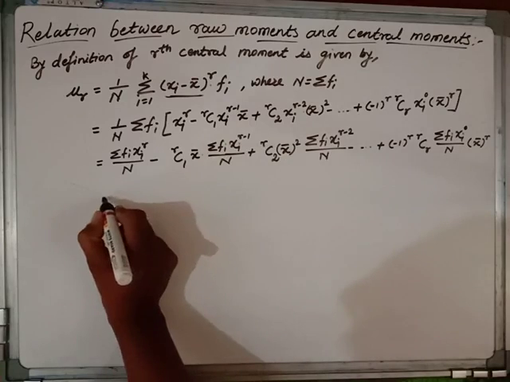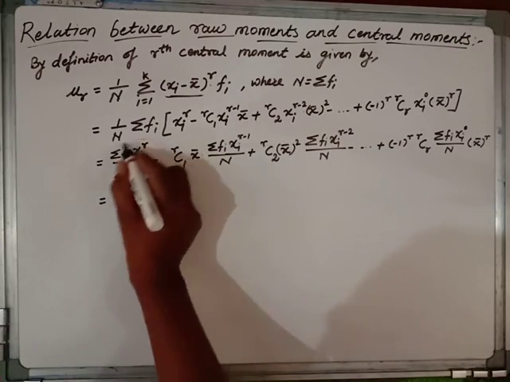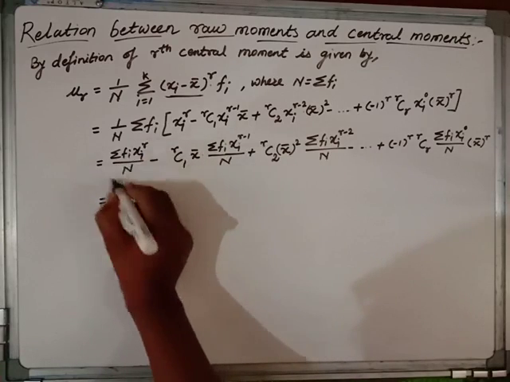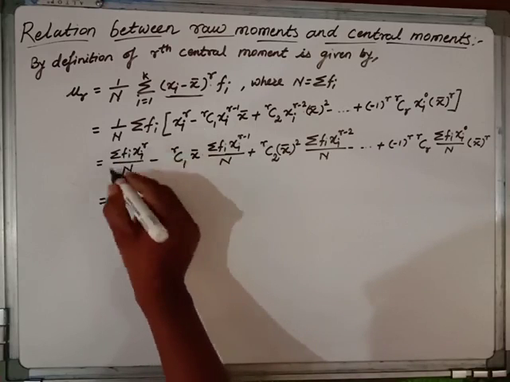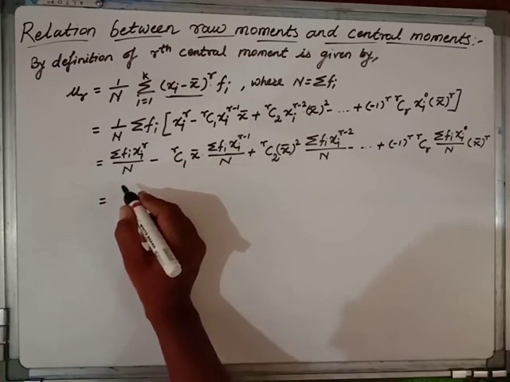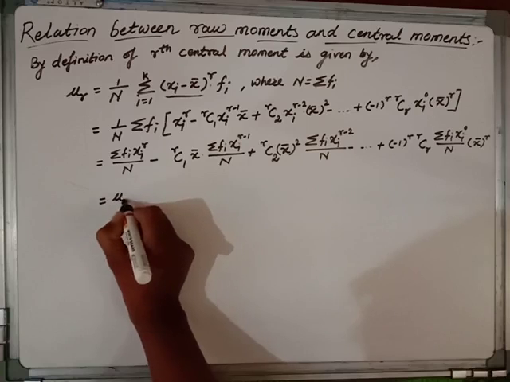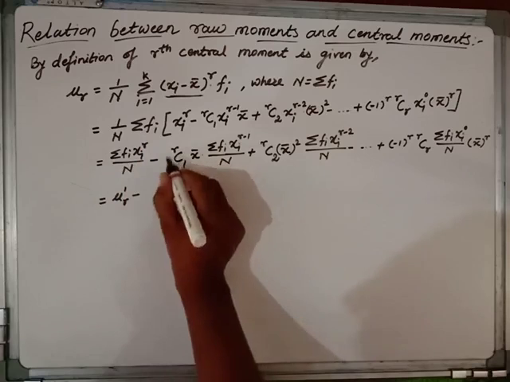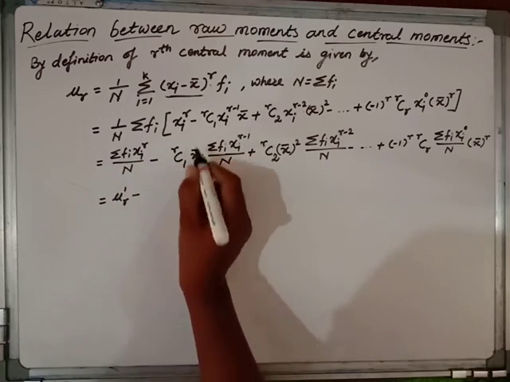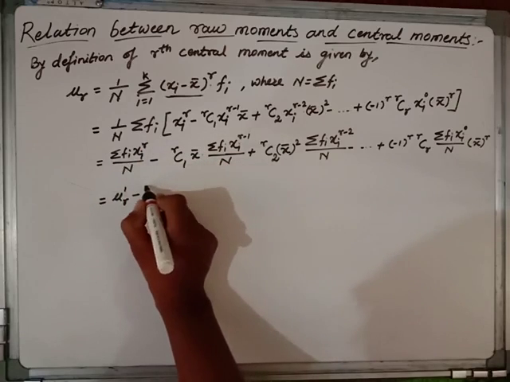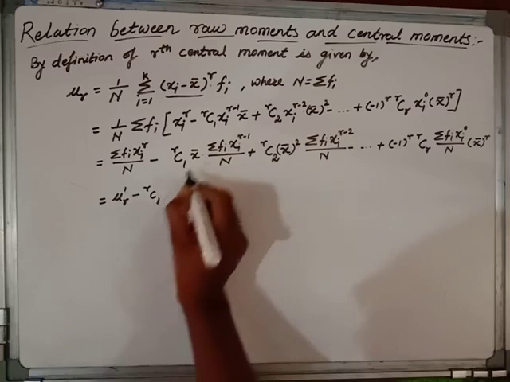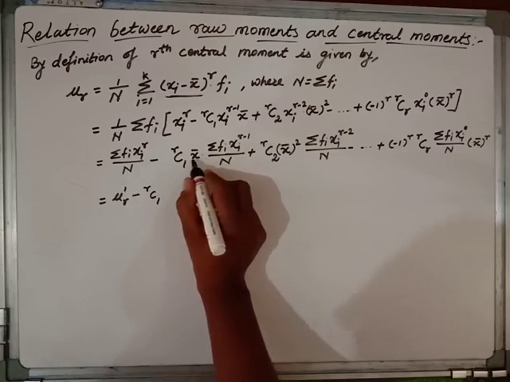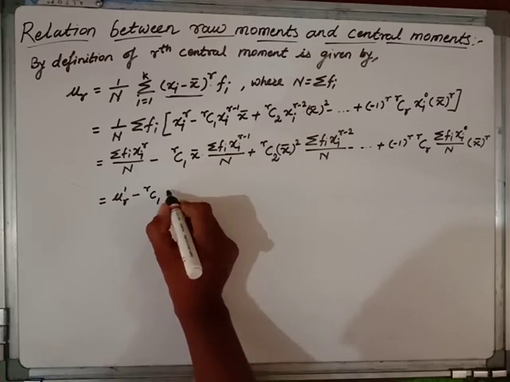Now this is the raw moment, the moment about the origin. So this is mu r dash. This is mu r dash minus rc1. The value of rc1 is r itself, but let me keep it as it is. Here this is x bar, and x bar is nothing but mu1 dash.